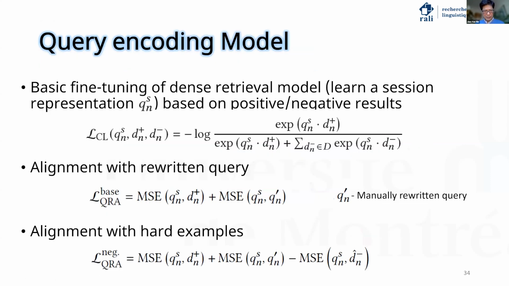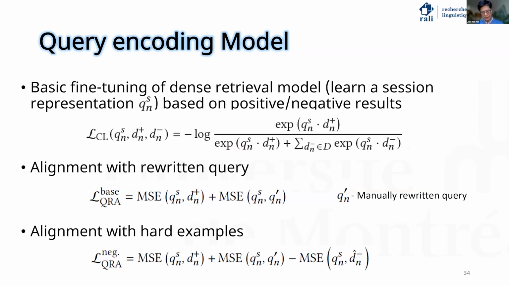The model is relatively simple. It is composed of several components. The basic one is to use the retrieval results, positive documents, negative documents, to fine-tune the query representation. But we will try to incorporate those two additional elements. One is to align with the rewritten query.